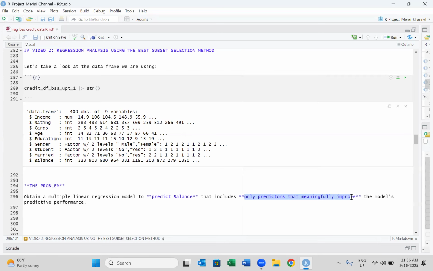So in the machine learning approach, we separate the available data into two data sets, the training data set and the test data set. With the training data set, we obtain the model, and with the test data set, we evaluate the quality of that model, okay? That's the machine learning approach. In the statistics approach, we don't separate the original data set into two.